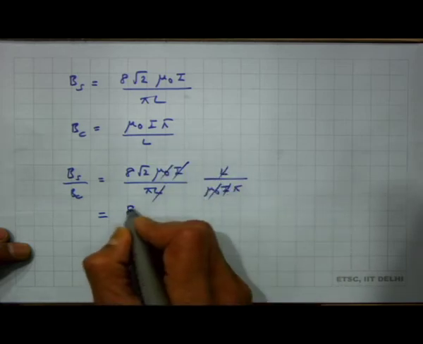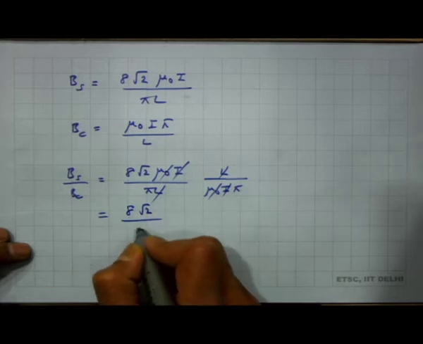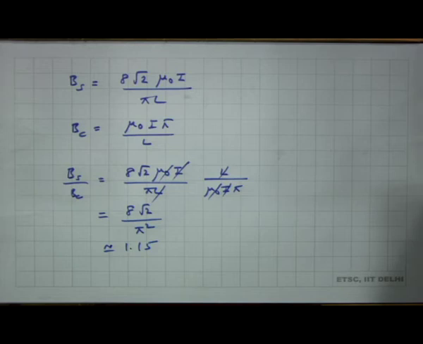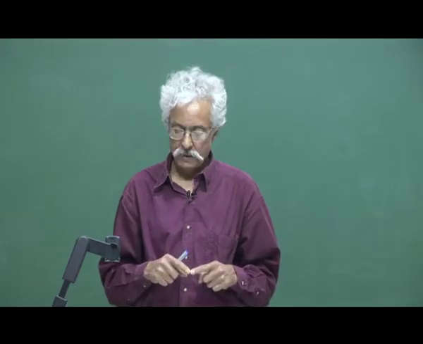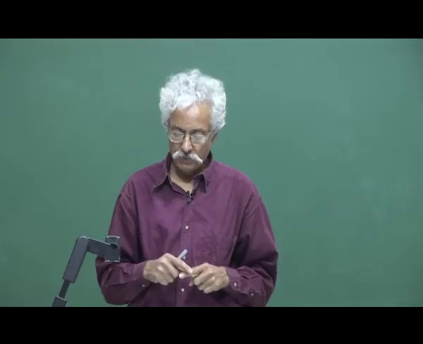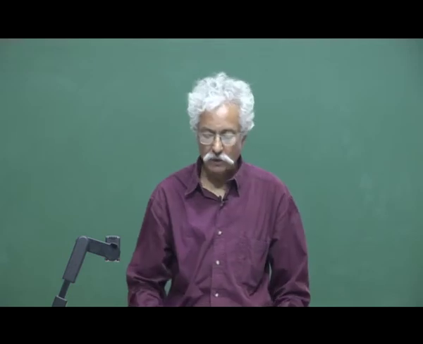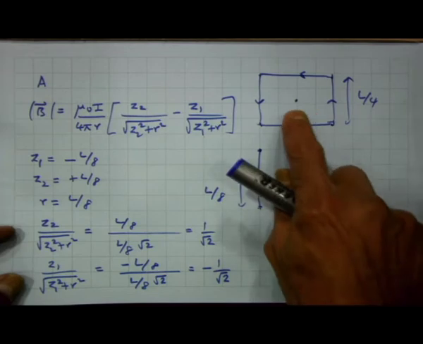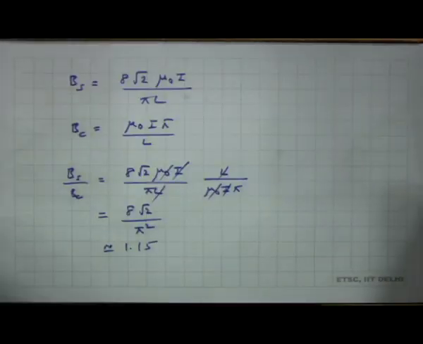So, I get 8 square root of 2 by pi square, which is approximately 1.15. So, if you take a certain length of wire and put it in the form of a square or in the form of a circle, the magnetic field at the center of the square will be larger by a factor of 1.15 compared to the magnetic field produced at the same point if the wire was bent into the form of a circle.